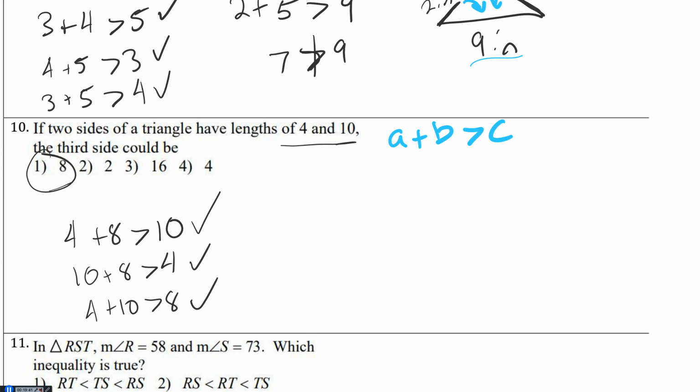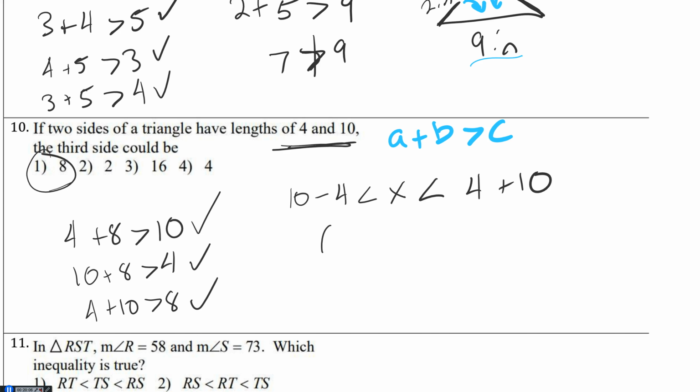Now, in order to narrow down the range for these, so you don't have to try all of them, remember that in order to find the greatest value our side can be and the smallest value our side can be, we can add the two sides and subtract the two sides to figure out what our middle side needs to be in between.